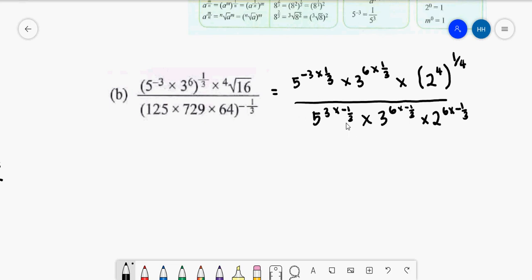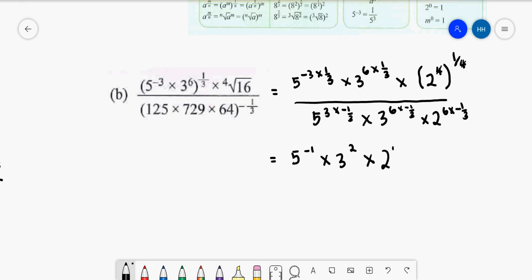Okay, and then equals to, we solve the numerator first. Negative 3 times 1 over 3 is negative 1, right? So 5 to the power of negative 1 times 3 to the power of 6 times 1 over 3. 6 times 1 over 3 is 2. Then times 2 to the power of 4 times 1 over 4. So you can cancel this. This is 2 to the power of 1.